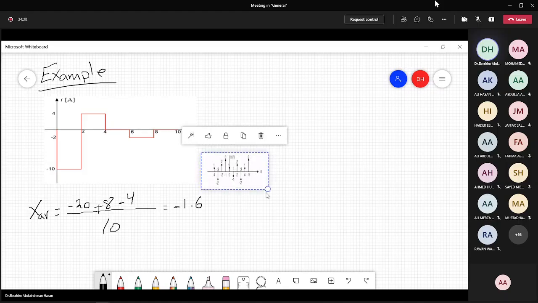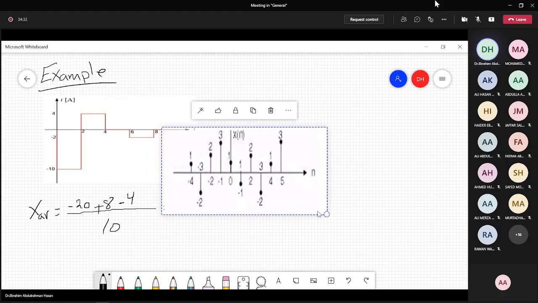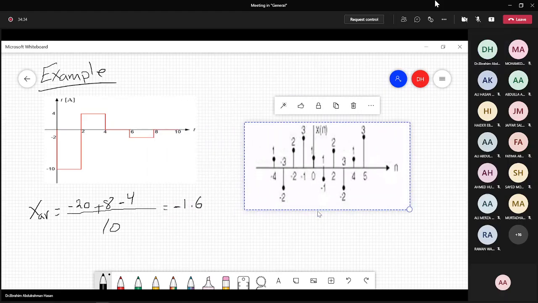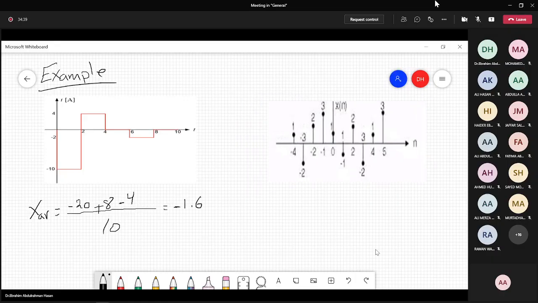What about discrete? Okay, again, here we want to find x average for discrete. And this is finite discrete, actually.